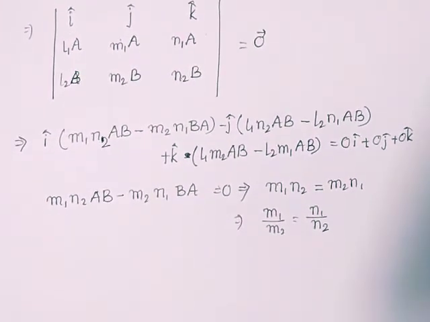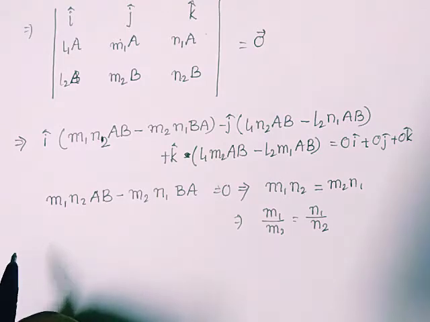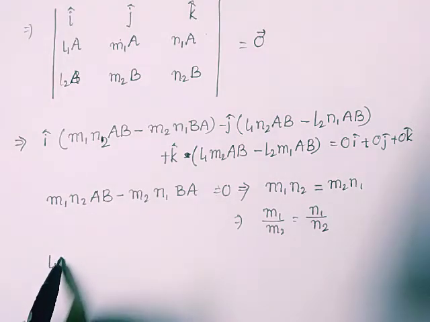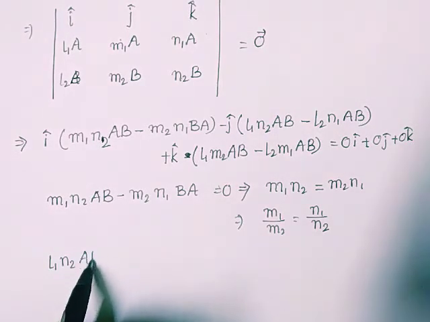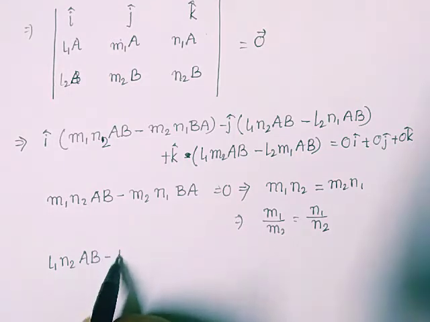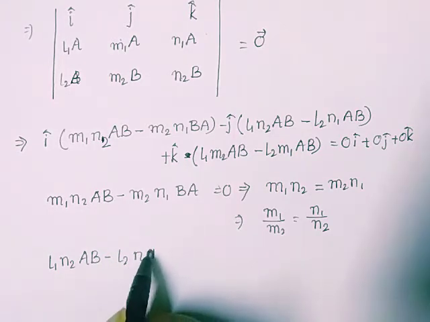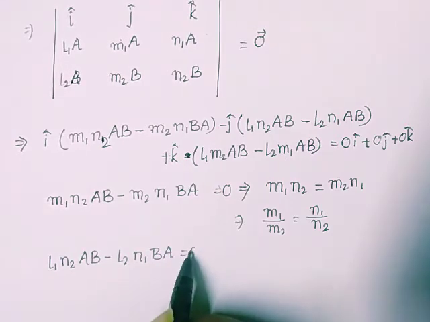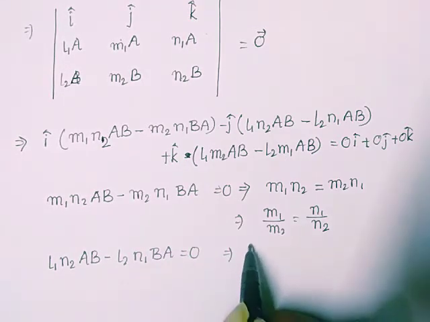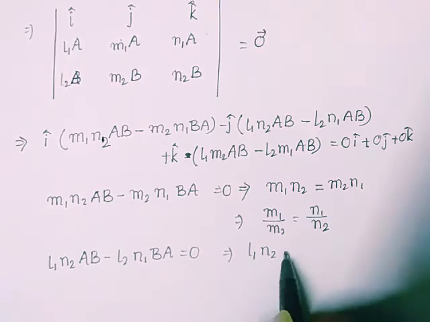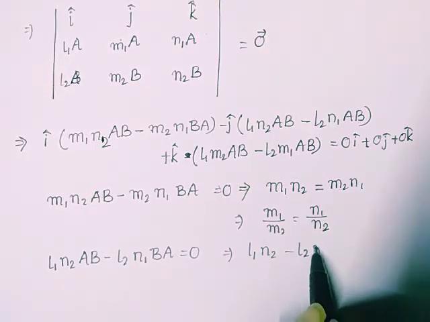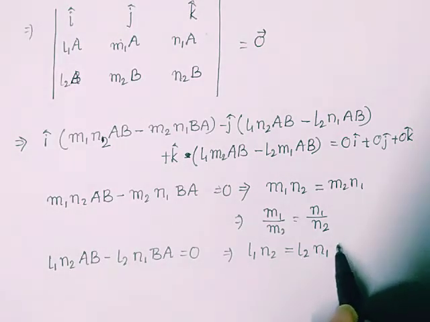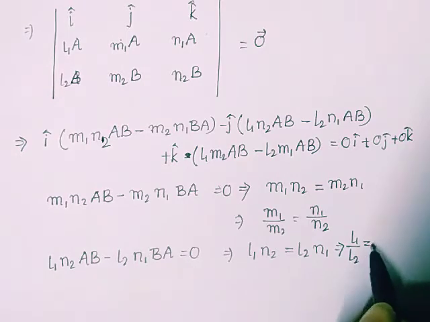Similarly, equalizing the y component, L1 N2 AB minus L2 N1 BA equal to 0. So L1 N2 minus L2 N1 equal to 0. So from it L1 divided by L2 equal to N1 divided by N2.